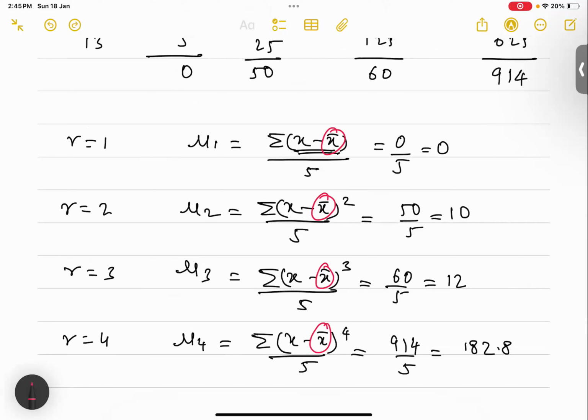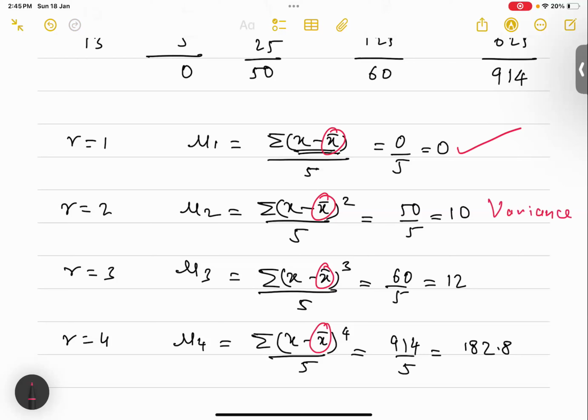The first central moment is always zero. The second central moment is always the variance. You have to remember this.